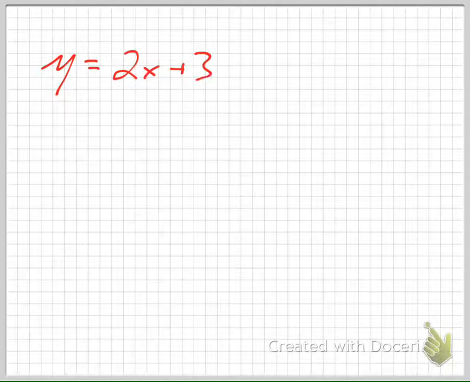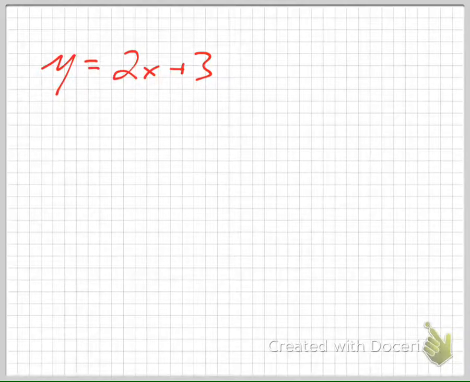That's the basics. Okay. Something else. So I'm just going to show you. Remember, when I give you an equation that looks like this, y equals 2x plus 3, there are some things that you need to know about this. One is the slope.